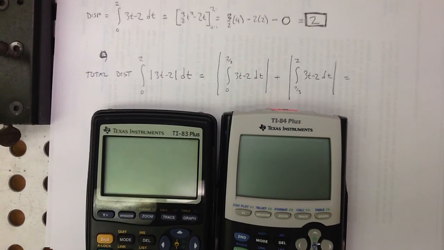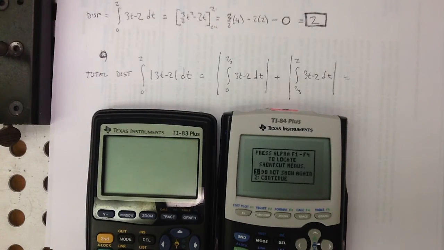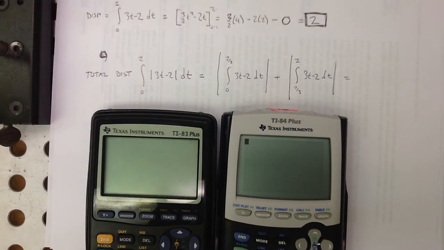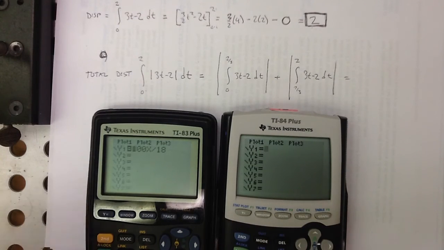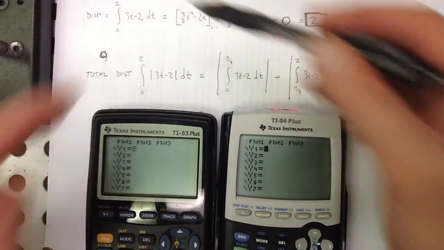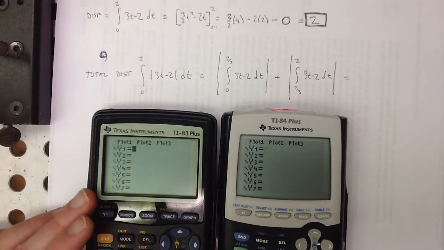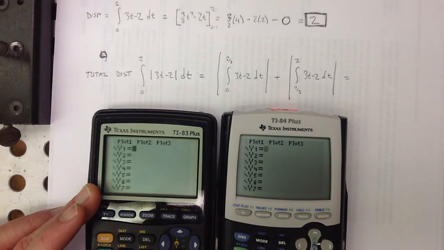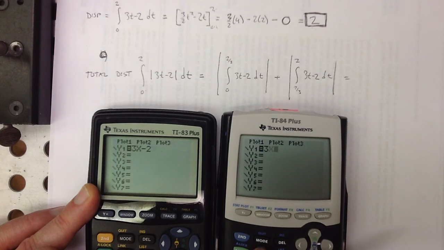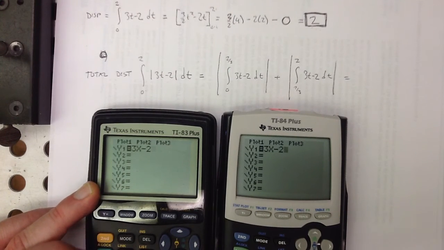All right, so first thing I'm going to show you is how to do it graphing, and I'm going to show you with the first one. So I'm not going to do the absolute value thing. I'm just going to try to get the answer. We know that this one's supposed to be 2, so I'll show you how to get that from your calculator. So I'm going to put in 3x, here's my velocity function, minus 2. And I'll do it on this one too, 3x minus 2. Go ahead and graph.